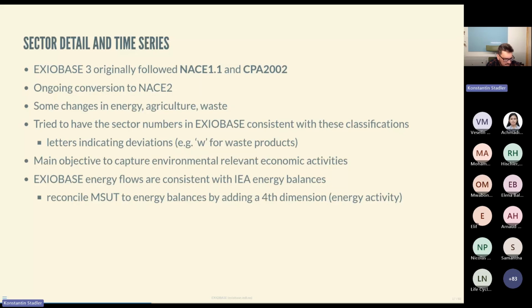We try to be consistent with NACE 1.1 naming and numbering in the codes, and as soon as we have a deviation or an additional sector, we usually put a letter on it. So if you find the code P16W, it means it's a waste account for the P16 sector you would find in the CPA 2002. We concentrate on sectors which are environmentally relevant, and our energy data in Exiobase is consistent with the International Energy Agency energy balances.